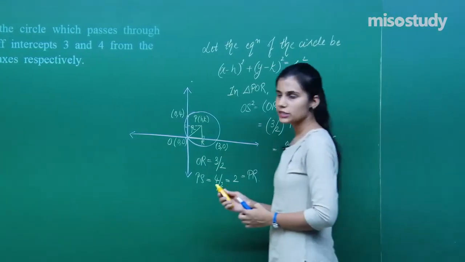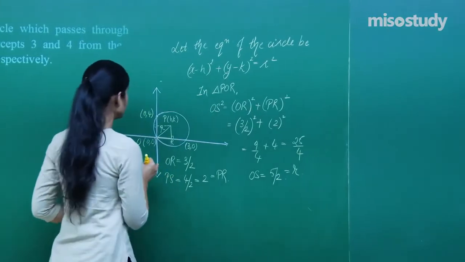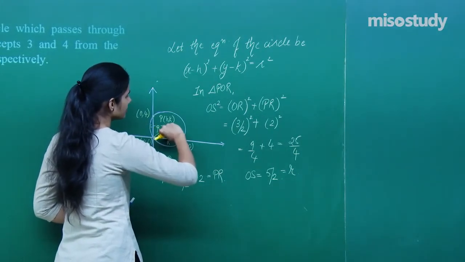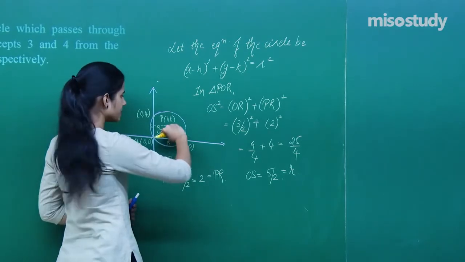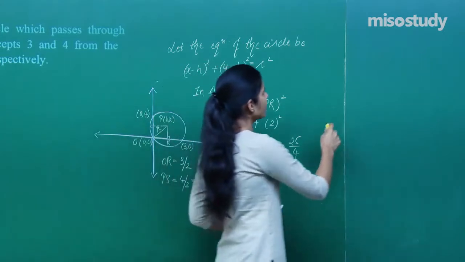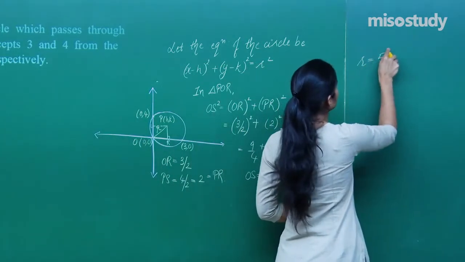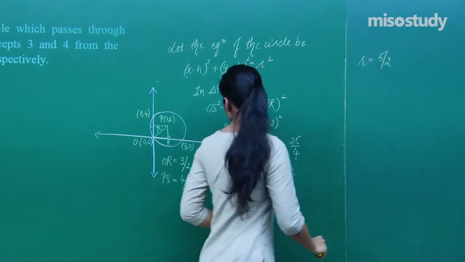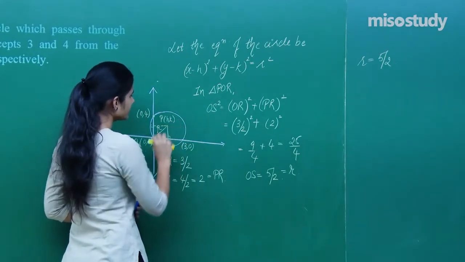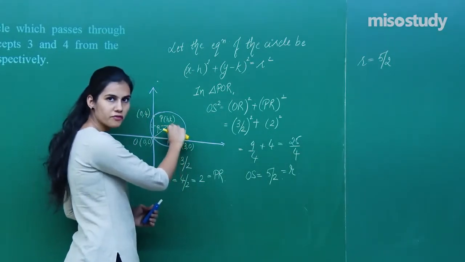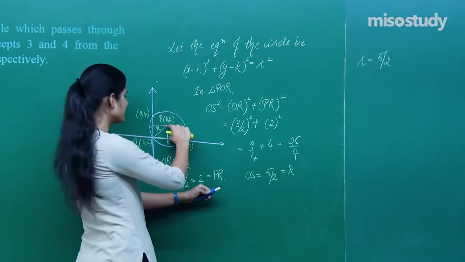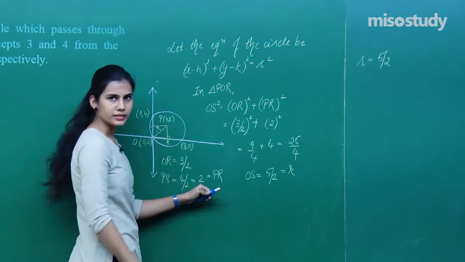What will be the coordinates of my center? This complete distance, this is R and this is my K. Isn't this quantity K? If I have my R as 5 by 2, what is K? K is the y coordinate of the center and this is exactly equal to 2, because this itself is my quantity K.